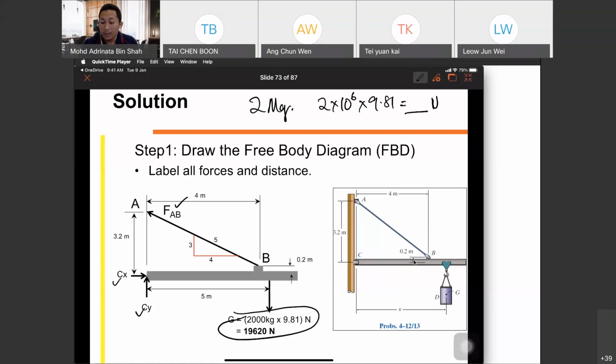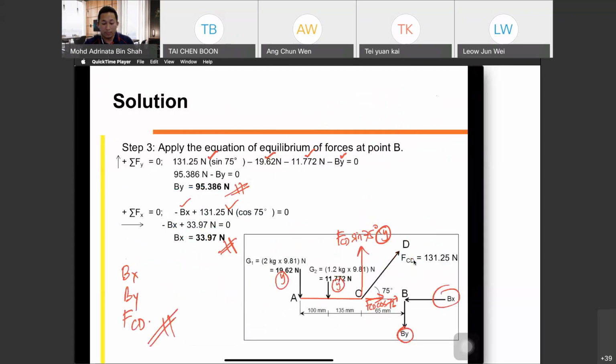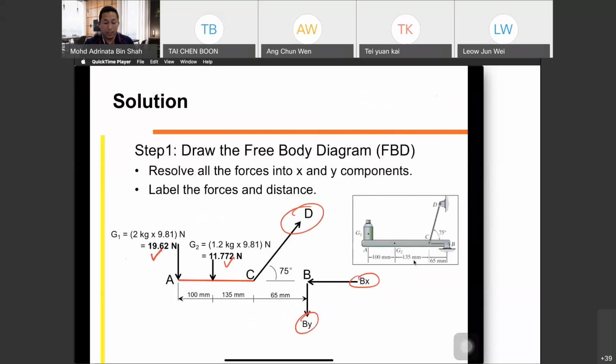That is wrong. Our way of calculation is M times G. W equals M times G, with M in kilogram. This is how you calculate your weight.